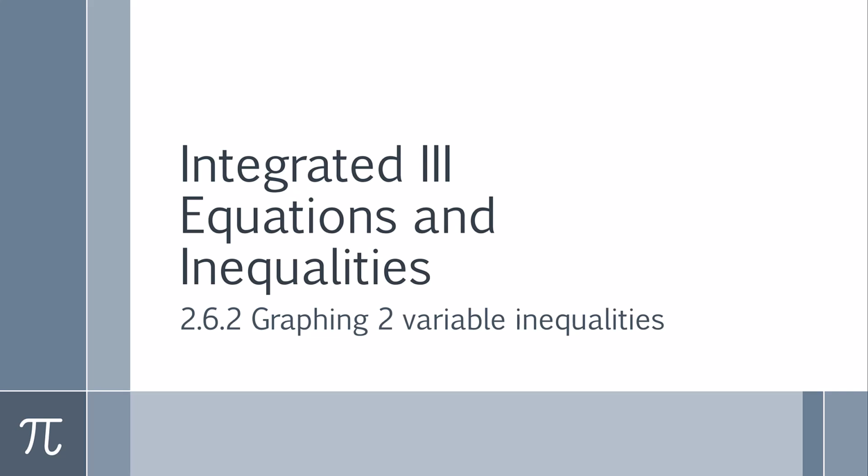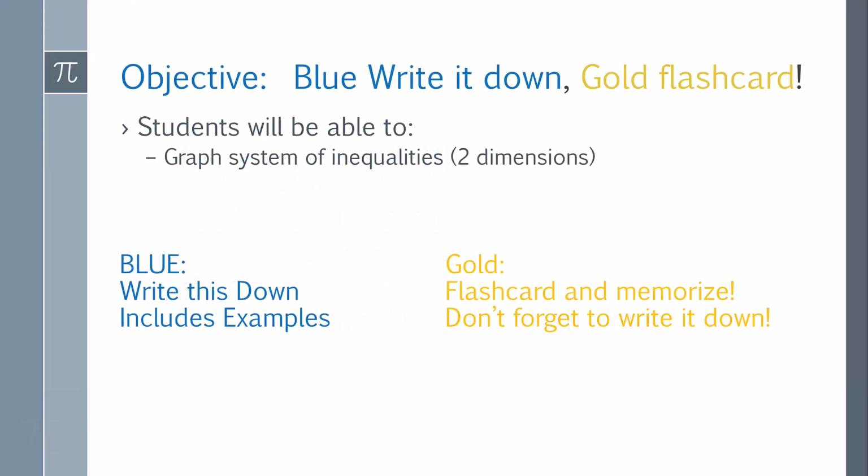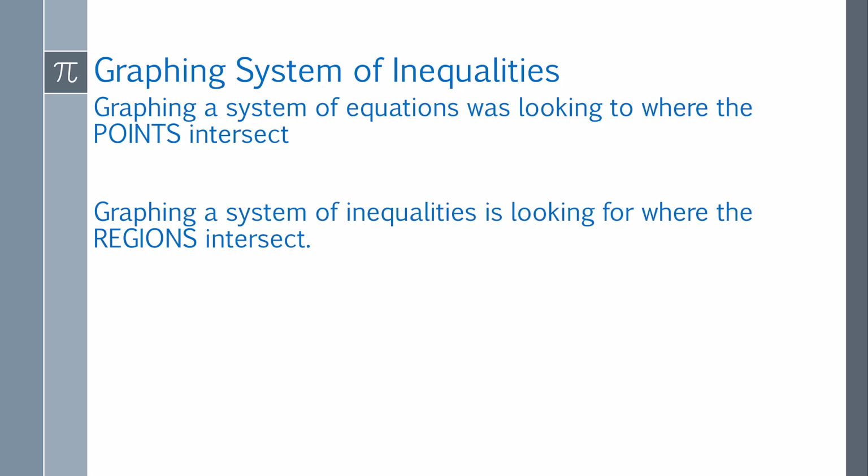This is section 6.26. We're going to be graphing two variable inequalities. We're going to be graphing a system of two variable inequalities. Now, when we graphed a system of equations, we were looking at where the points intersected. So remember, you could have one equation here, you can have the other equation here, and your solution was where they intersected.